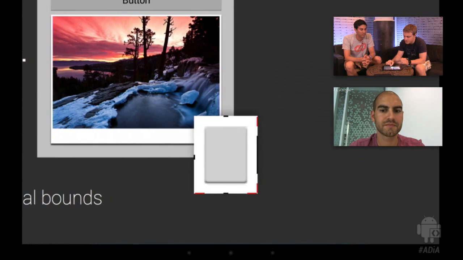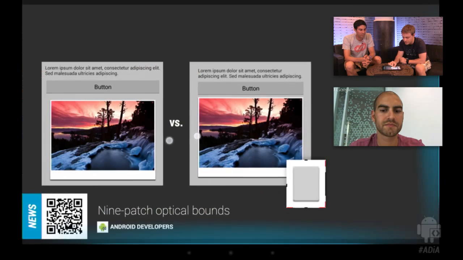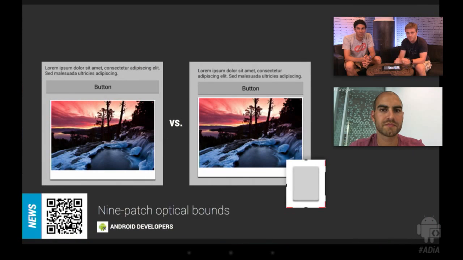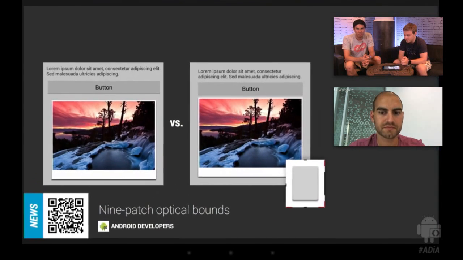In your 9 patches, you have these extra red markings to indicate the negative margins that you should shift the UI element to, so that the left optical edge aligns with other items along that edge. So it's new in Android 4.3. You go from a sloppy layout here on the left to something a little more clean and well aligned on the right, and it's pretty easy to do.